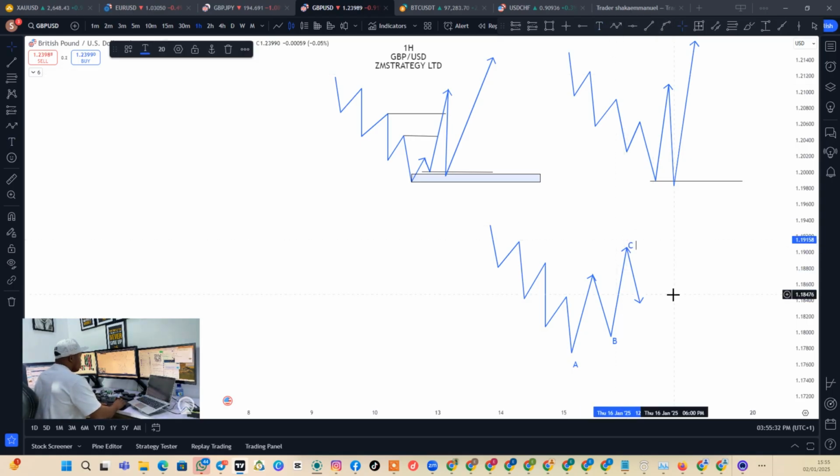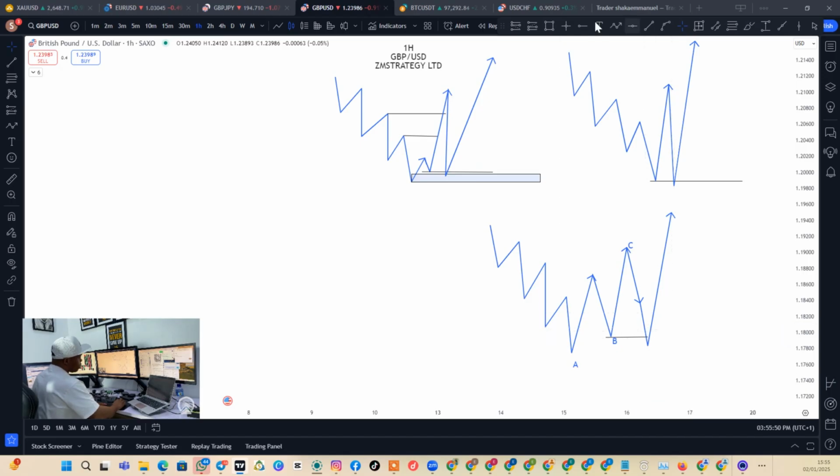So now we're waiting for the market to come and take this B leg as a structural liquidity, then before going up. Now this is our structural liquidity, waiting for the market to take it and for us to buy from this level.